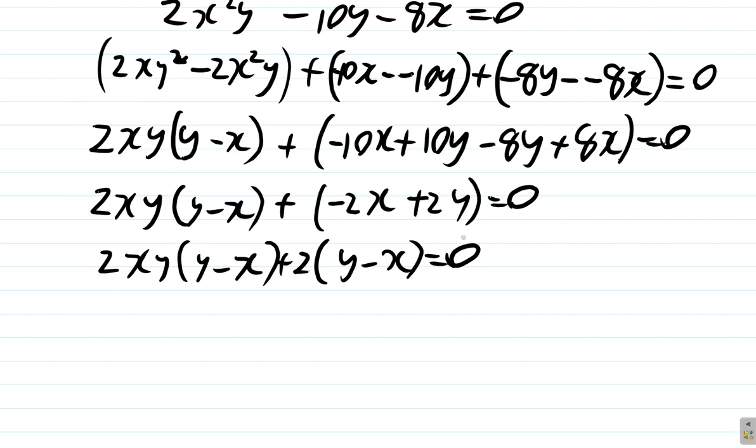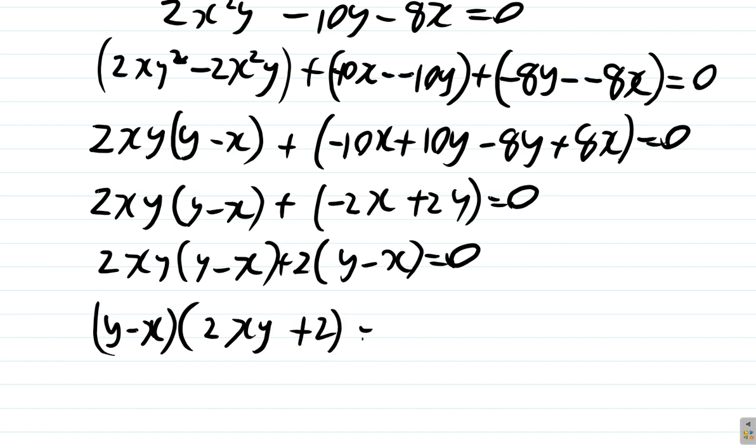Now, look at the y minus x. Y minus x is a common factor here. So we could put y minus x outside the bracket, and inside the bracket we have 2xy plus 2, equals 0.